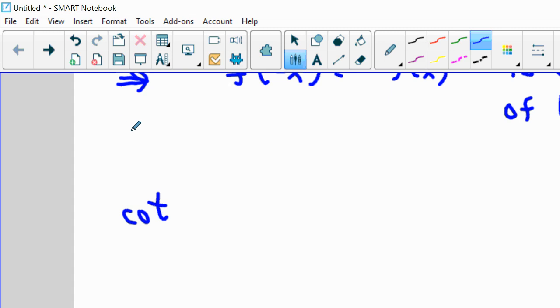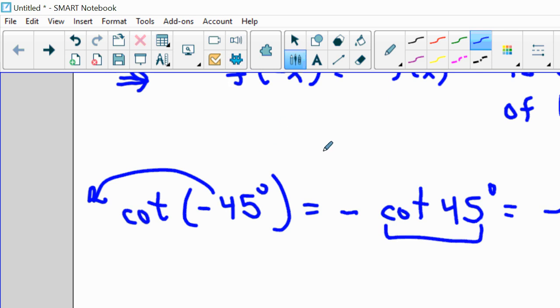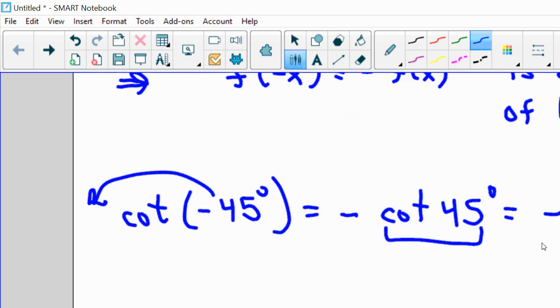So cotangent of negative 45 degrees. Cotangent's odd, rip it out: minus cotangent 45. Now I have to figure out what cotangent 45 is, but it's 1 over tangent 45. Now, tangent of 45, there's different ways to do it.